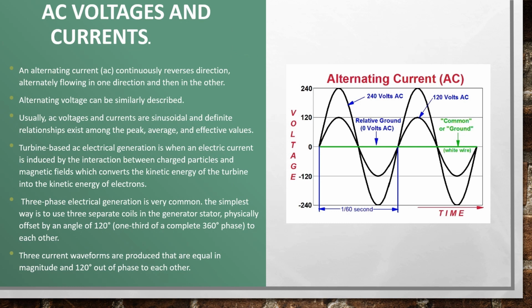The simplest way is to use three separate coils in the generator stator, physically offset by an angle of 120 degrees, 1/3 of a complete 360 degrees phase, to each other. Three current waveforms are produced that are equal in magnitude and 120 degrees out of phase to each other.